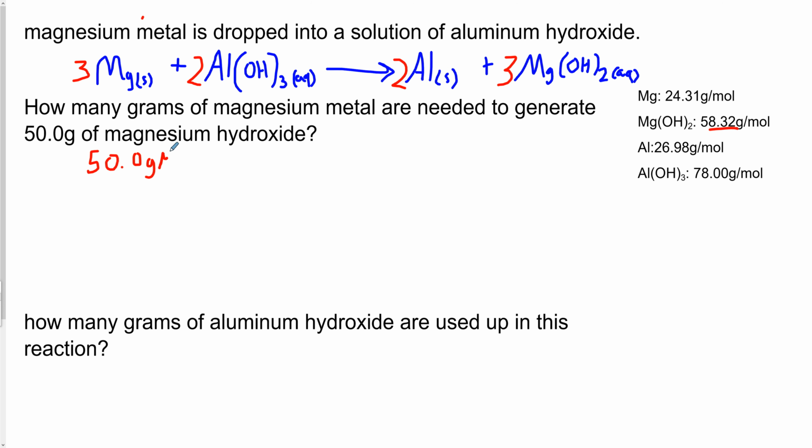So 50 grams of Mg(OH)2. We are converting that from grams, which means we're using the molar mass, which is 58.32 grams per mole. So since we want moles in our answer, we're going to use moles up top and 58.32 on the bottom.